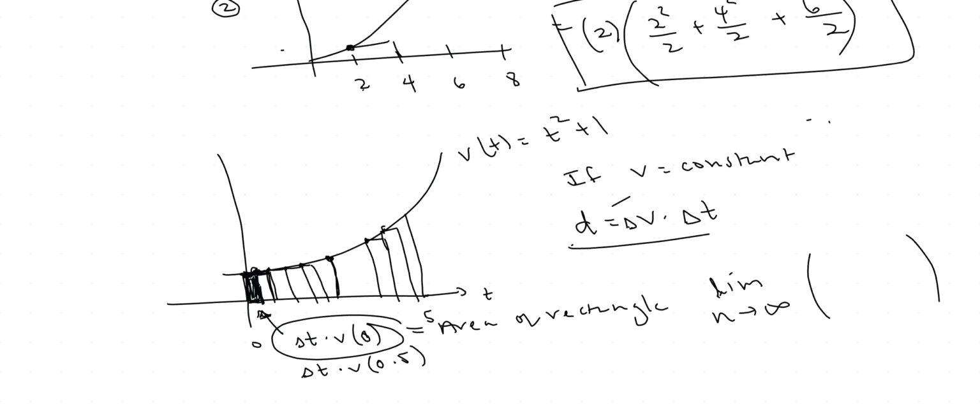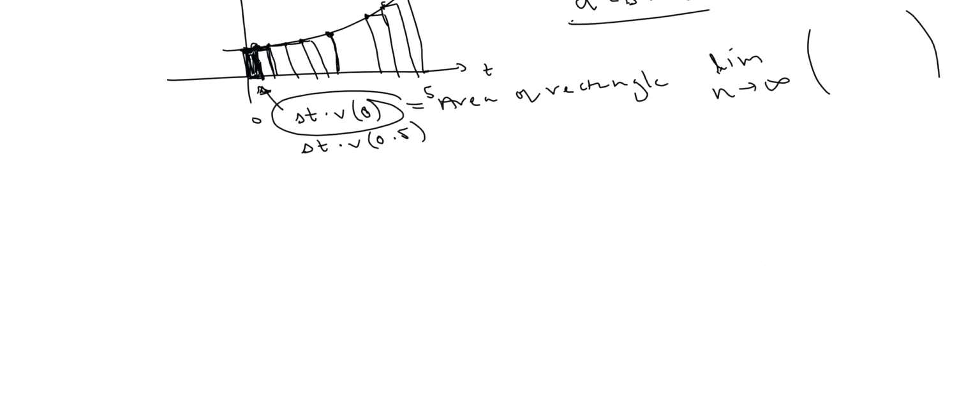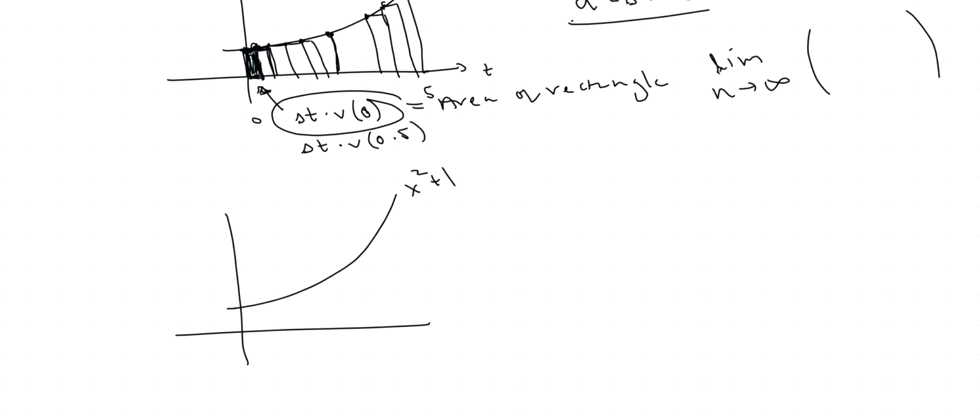So let's go back to these Riemann sums, back to what we had earlier. We had x squared plus 1, and we went from 0 to 6. Except this time, let's just go from any point a to any point b.